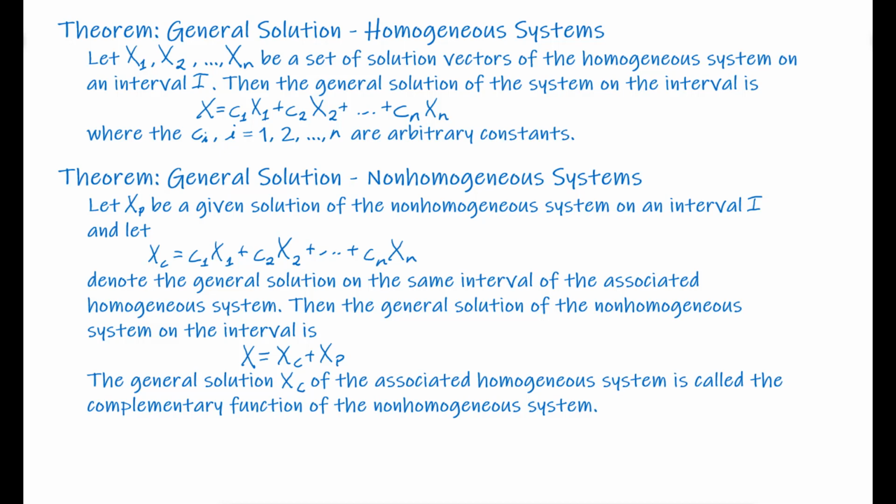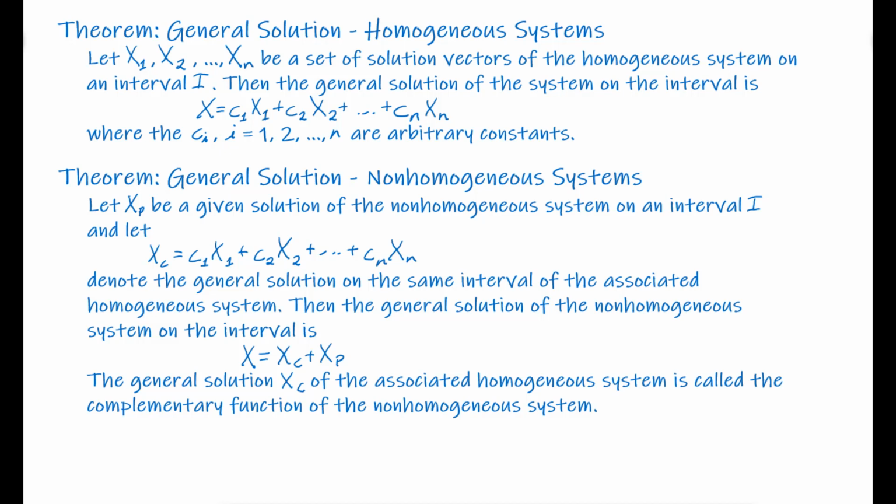Again, we've done that stuff before, and now we also had a general solution for a homogeneous and a non-homogeneous higher order differential equation as well. And not much has changed in those either, other than we've replaced our lowercase x's with capital X's, and now instead of being a single variable, they represent a vector. So our general solution for our homogeneous system is going to be the linear combination of those solution vectors.